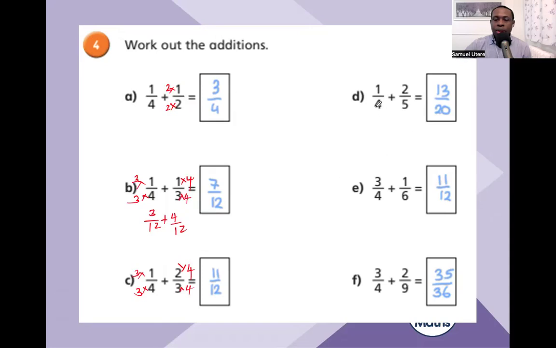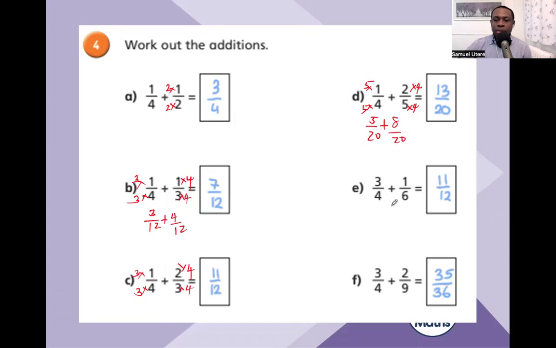Here, our common multiple will be 20, so we'll multiply that by 5. We'll multiply that by 4. Here, this will be 5 over 20, add 8 over 20, which gives us 13 over 20.